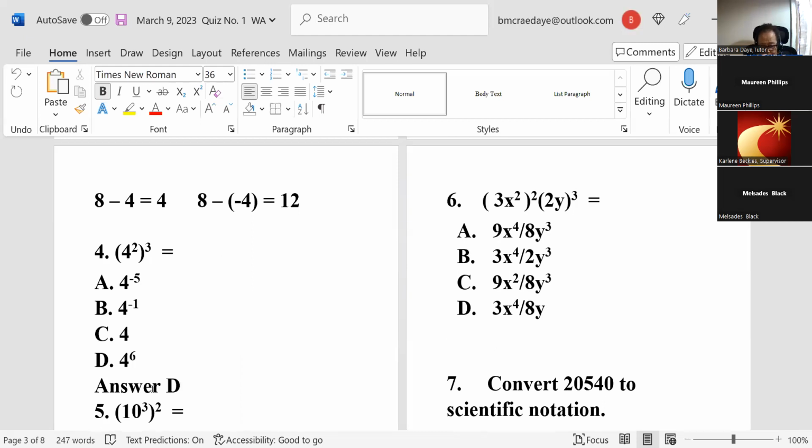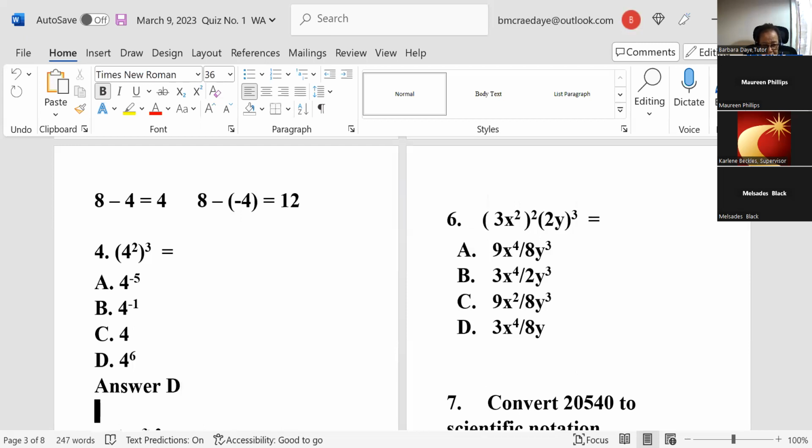I'm trying to remember if it is multiply or addition. What's the rule for power to a power? Exponent rule. Is it multiply? You're asking me a question. I'm asking you a question.